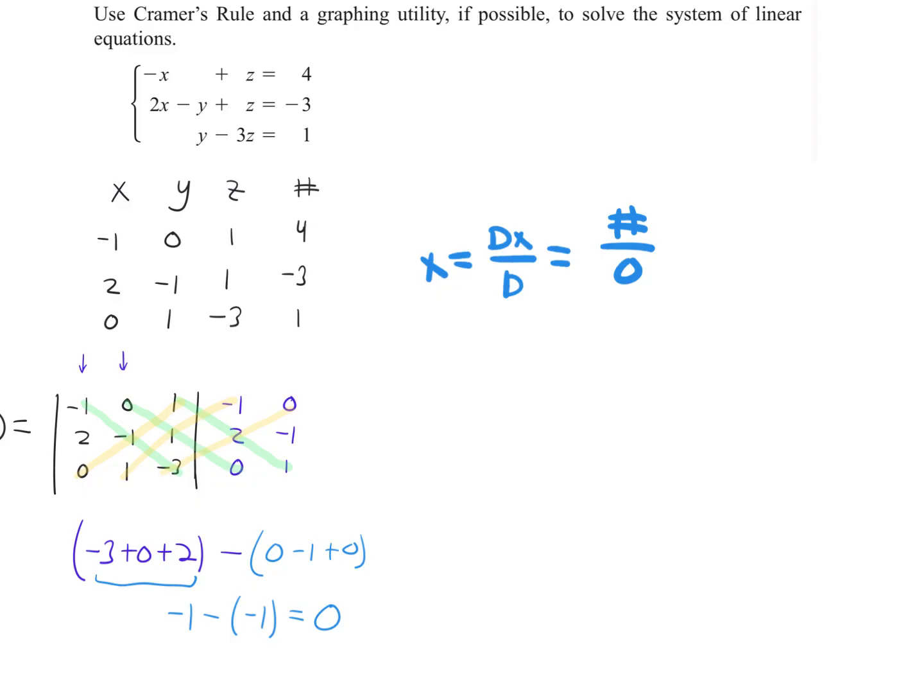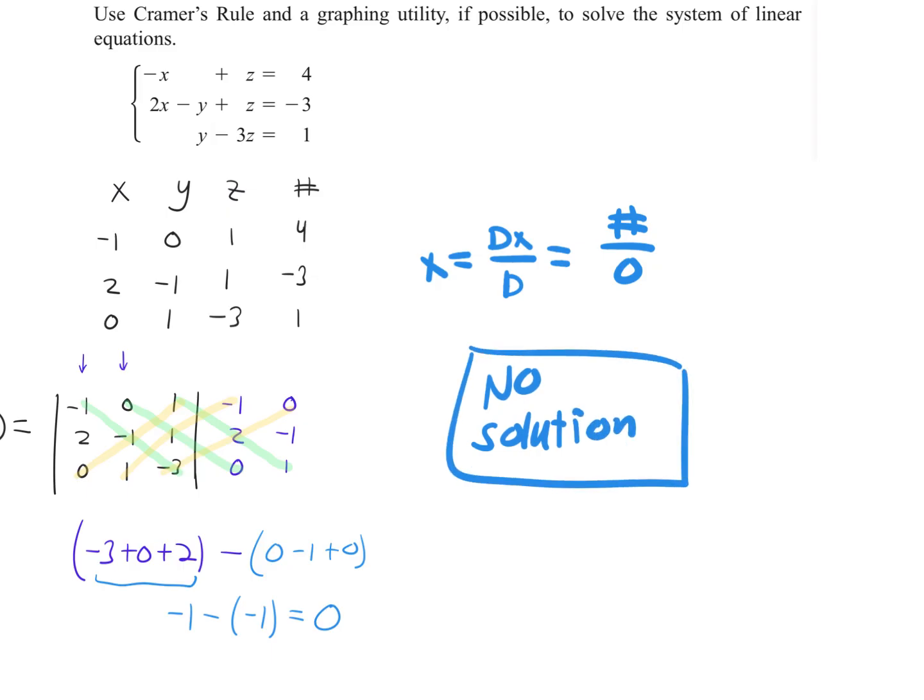No, so what do we say about this system? No solution. This system does not have an answer. All right, so that's what a no solution would look like using Cramer's rule. If you had done it by hand, you would get the same answer.